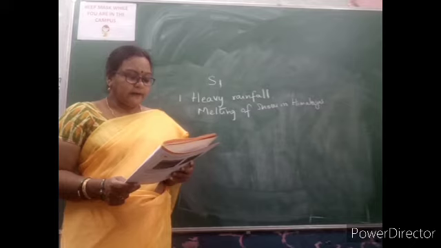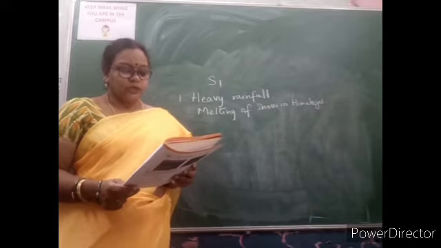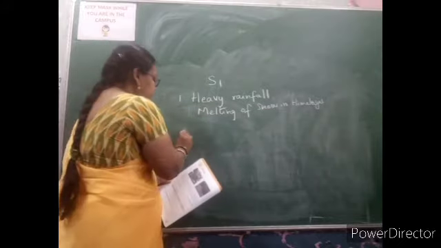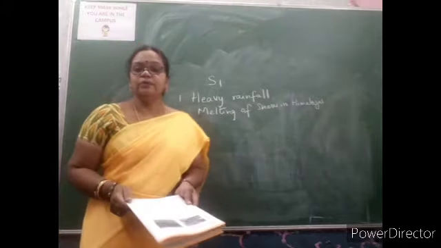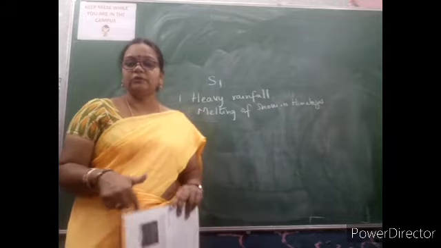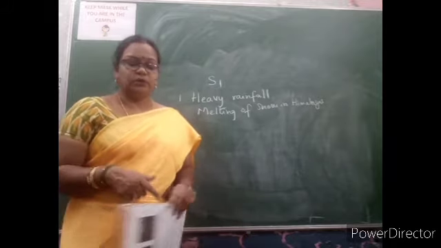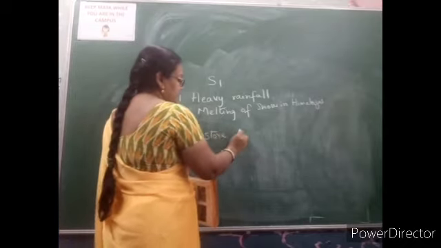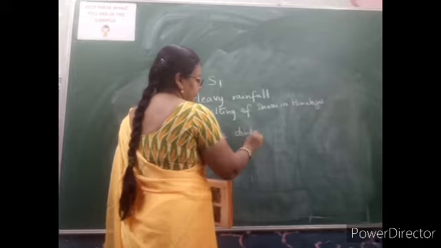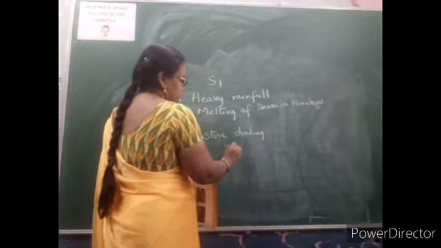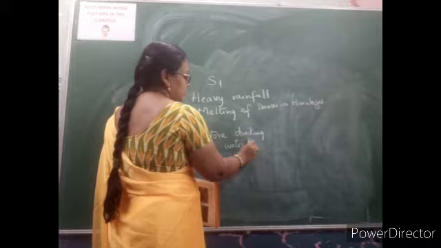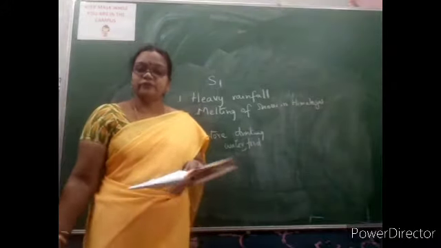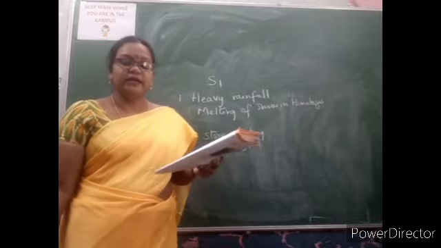Next, children, write what one should do. When they hear a flood warning, because already we learned about floods, there is going to be a problem for drinking water, because dirty water will mix with the clean water. So when they hear a warning, they can store drinking water and food also, so that they can manage for some more days if they are in a flood-hit area.